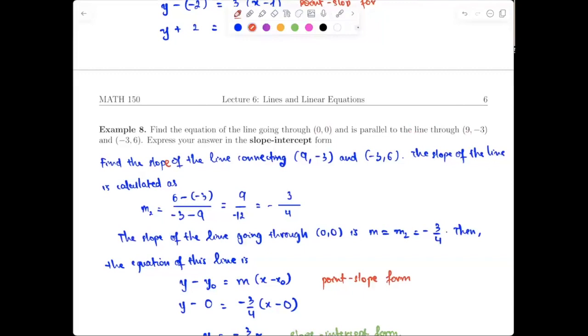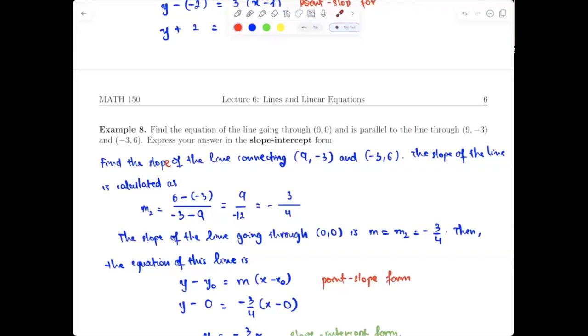The slope is calculated using the formula (y2 - y1)/(x2 - x1). So in the numerator, you get +9, and in the denominator, you get -12. Now you simplify this fraction, and you get -3/4.